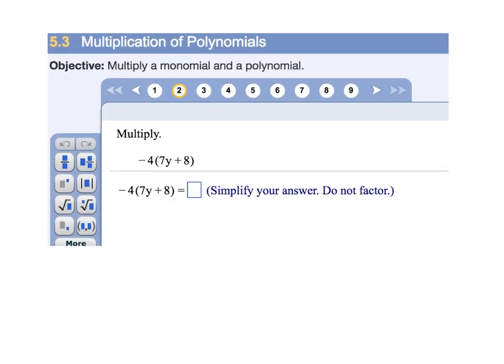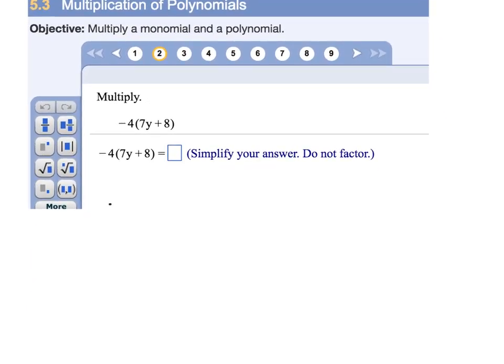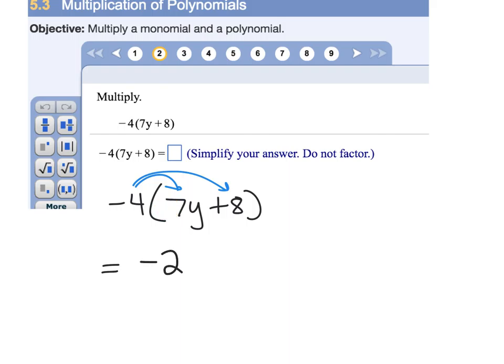So here we've got a negative 4 being multiplied by the quantity 7y plus 8. So here is our distributive property. And so what we've got is a negative 4 being multiplied by positive 7. So that's negative 28y.